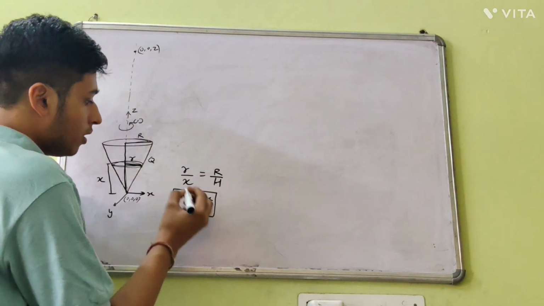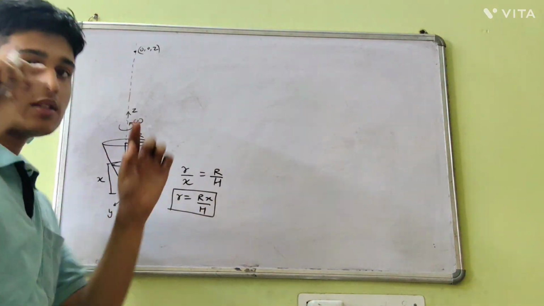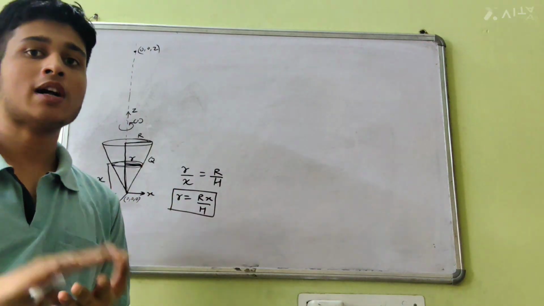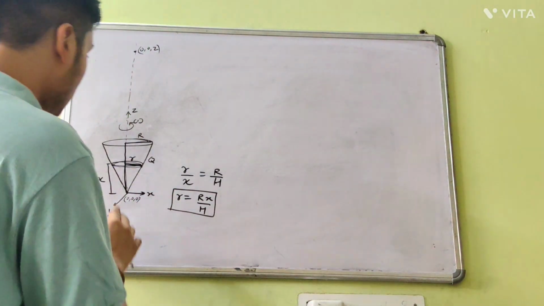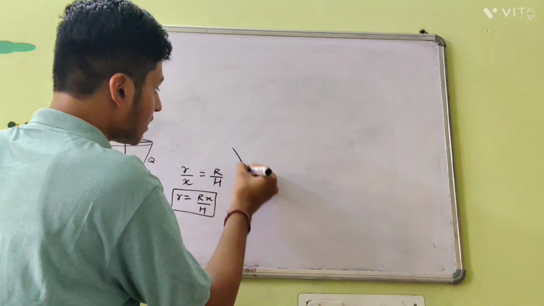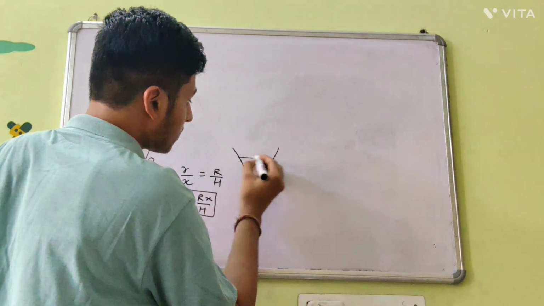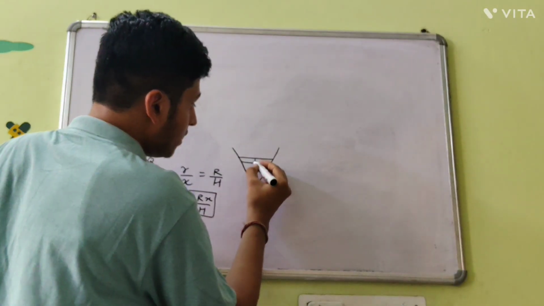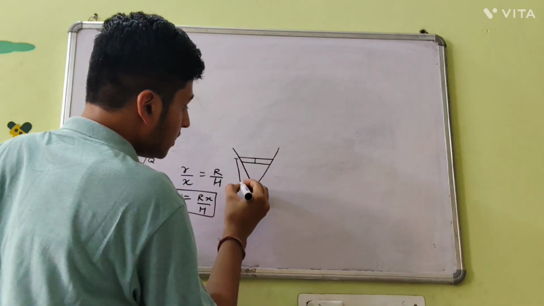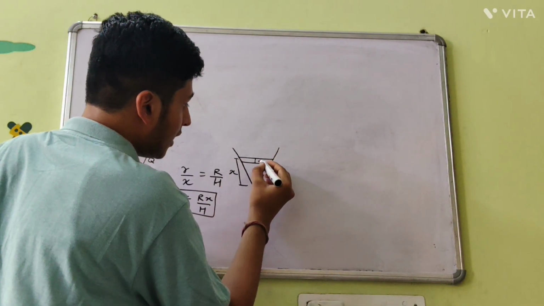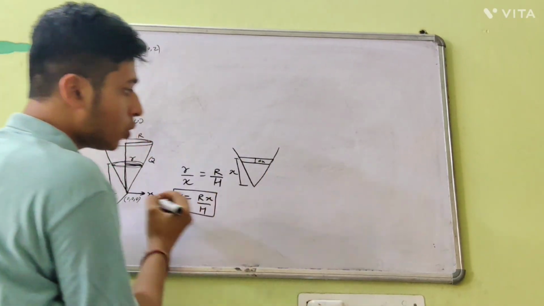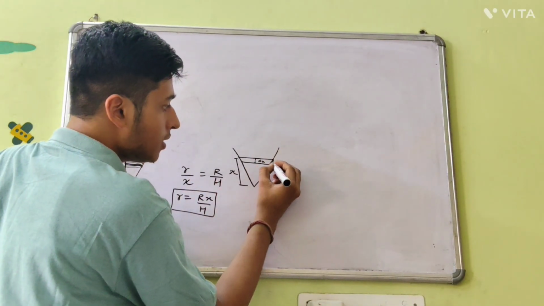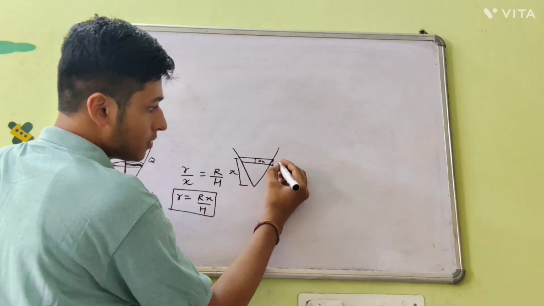Now, what will be the charge on this ring? We will calculate it by finding the charge density and multiplying it with the area of this ring. Since this surface is slanted, this element is at x, and this small element is dx. But this length along the cone is not dx; it is greater than dx.